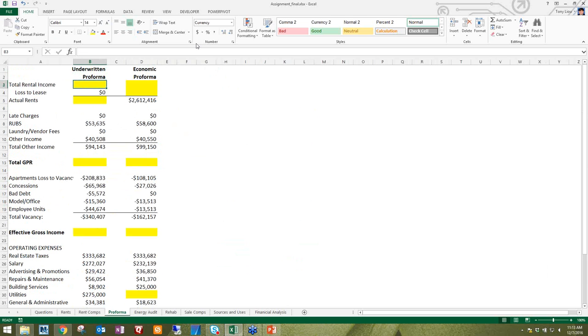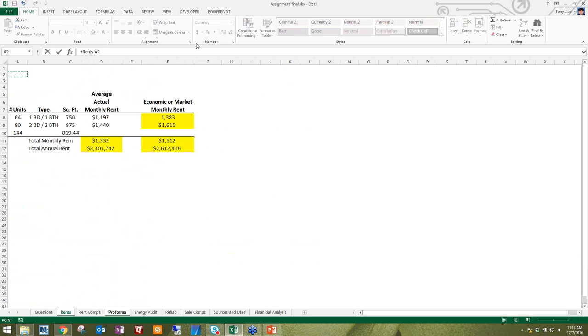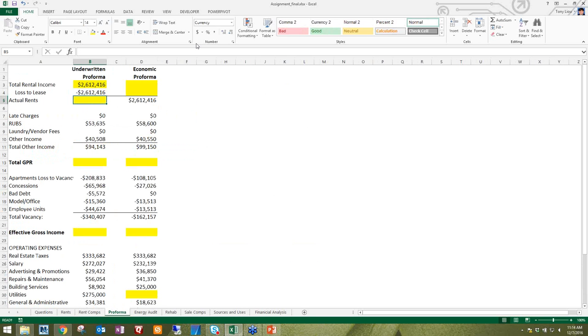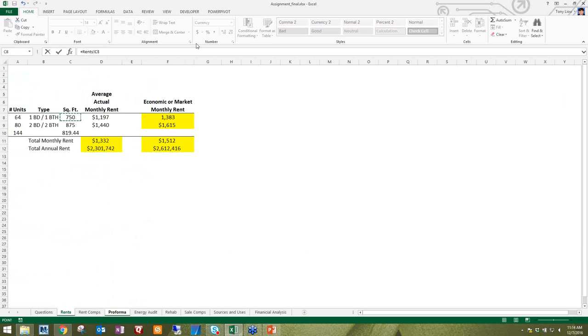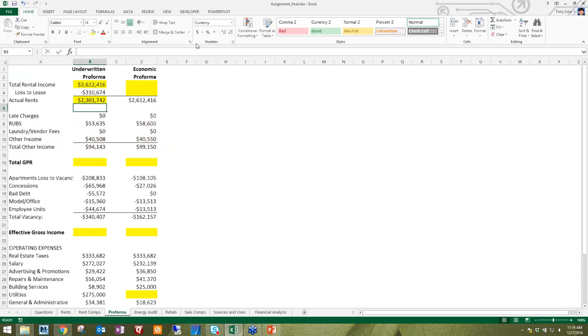Underwritten is really what we're talking about, is kind of what is there today, right? So we talked about what total rental income is going to be. This is kind of your hypothetical, and your hypothetical is going to be this number, right? So this is the market rents. And then the actual rents is what's in place, and so we look for what the actual rents are in here. It's $2.3 million.